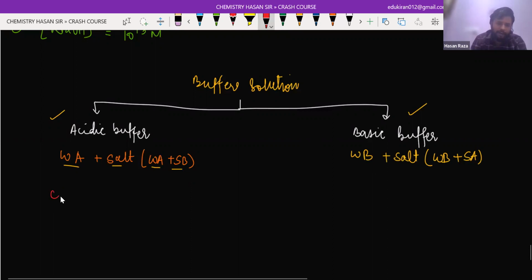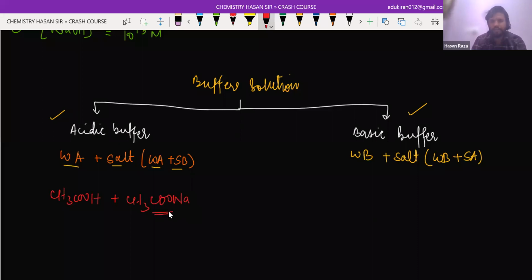So we can take an example: CH3COOH. It is an organic acid which is weak, and I'm going to write a salt CH3COONa. You can see this is a salt which comes from the acid CH3COOH, which is a weak acid, and Na represents a base which is strong, NaOH.